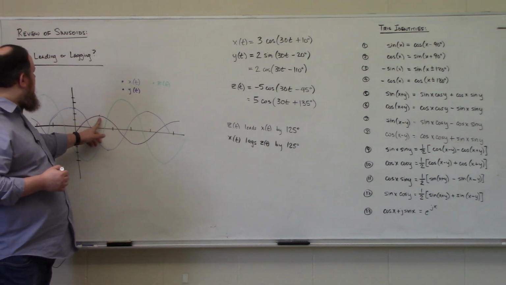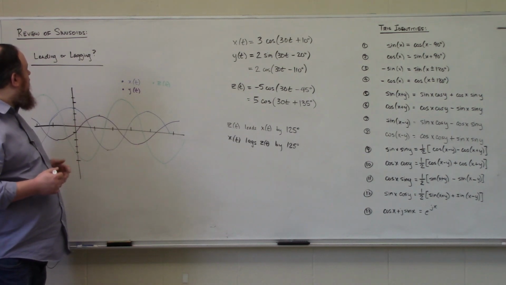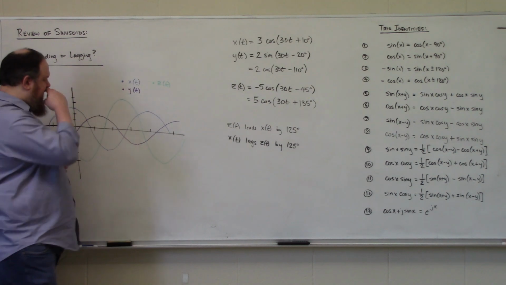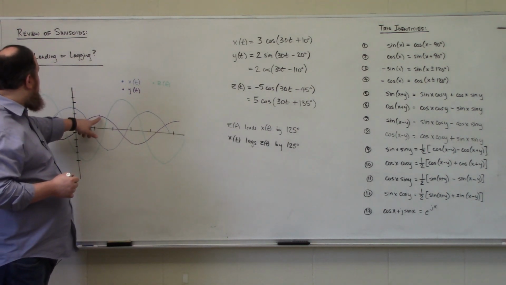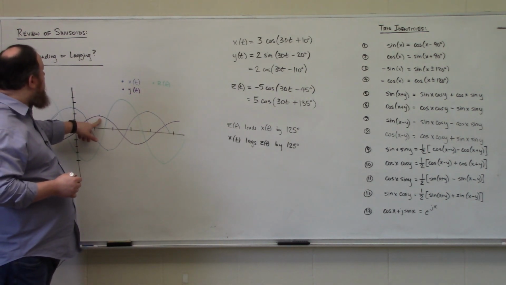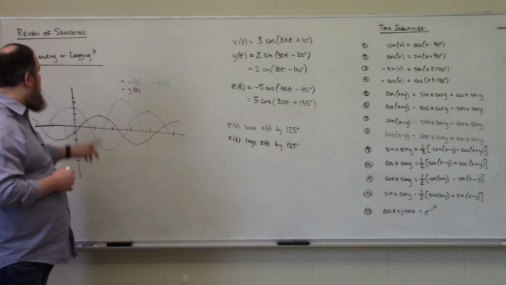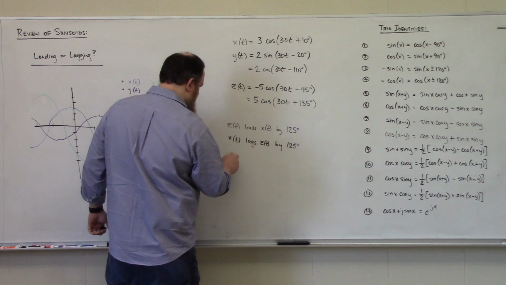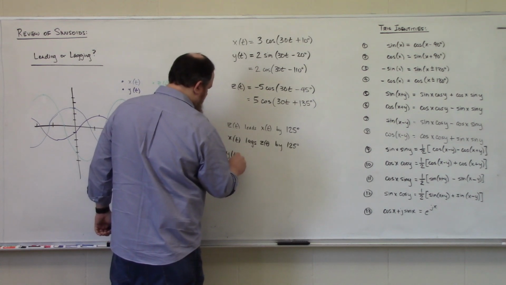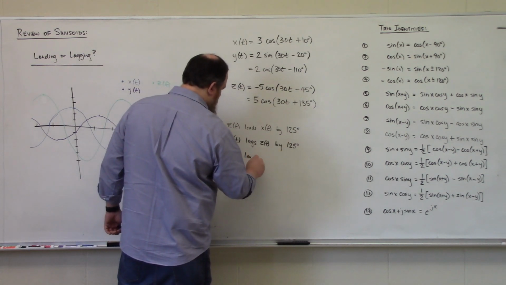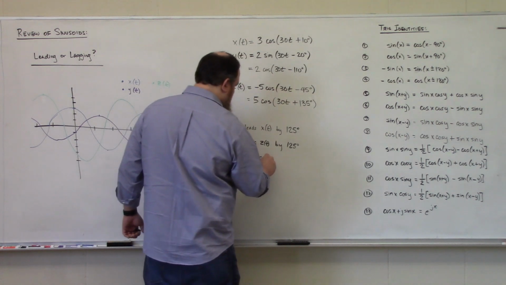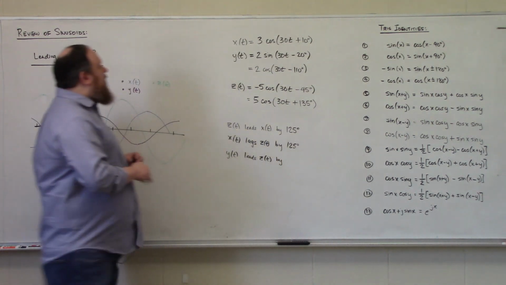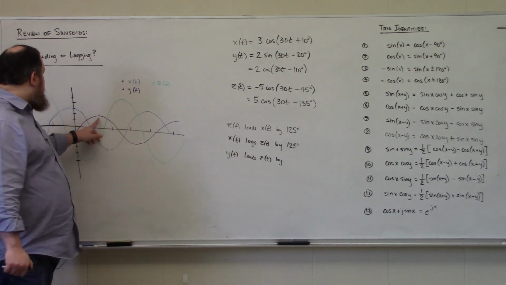So if we wanted to look at this guy and this guy to get a comparison between y of t and z of t, we could see that y of t is leading z of t because the peak value occurs earlier in time. And it's going to lead.